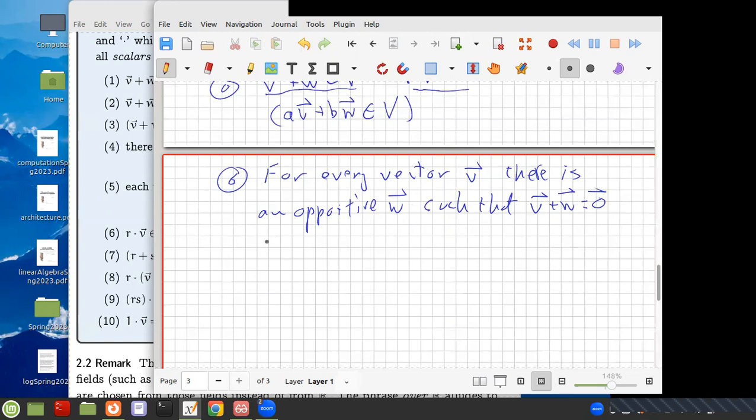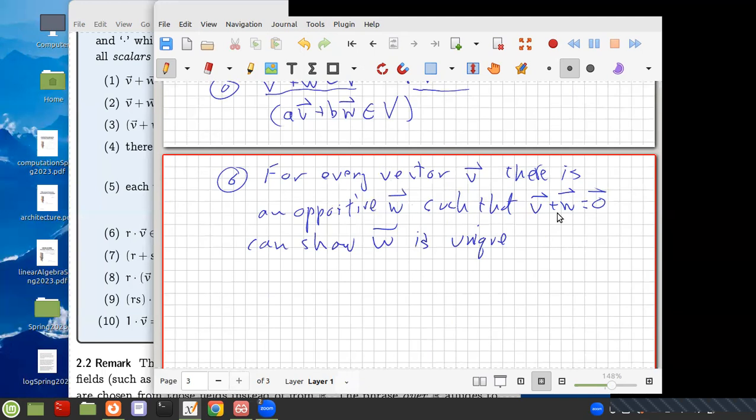Now, the point is that you can show W is unique. That is, if there are two vectors that have this property, then they would be the same vector. For any given V, there's only one vector W that does this. So what this is essentially saying is that every vector V has an inverse, which is W, and when you add those two together, you get 0.